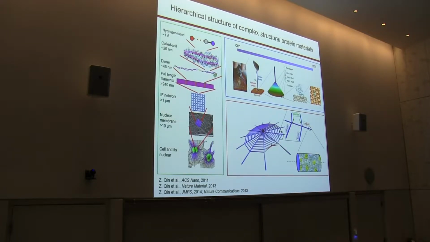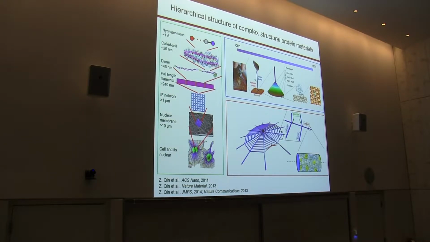Once I start to focus on each of those biological materials, for example, this one is the nuclear membrane of cells. You can see the nuclear membrane is in the form of a network, and the network is built by individual filaments. Each filament is a bundle of subunits, and each subunit is an alpha helix coil structure stabilized by hydrogen bonds.